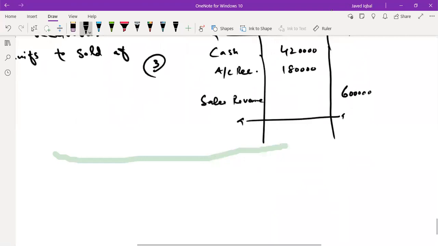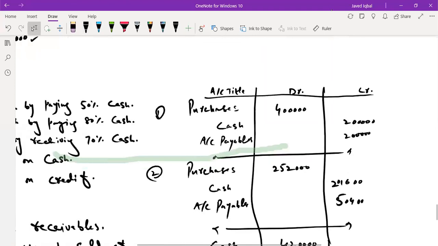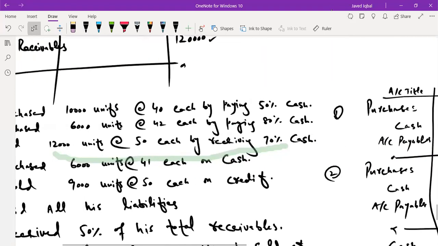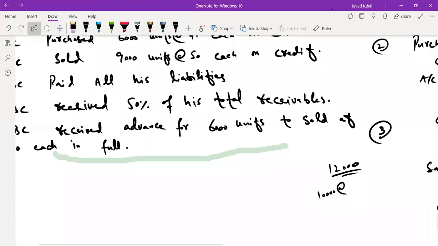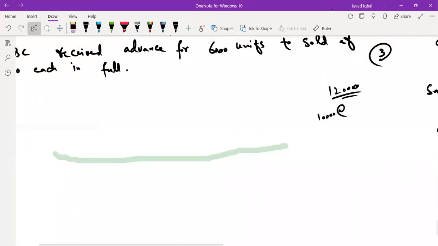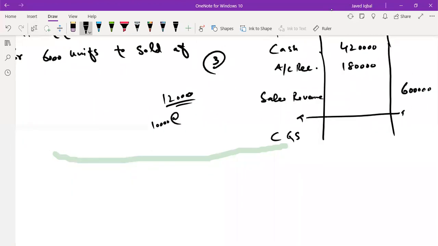You also need to record CGS for sales. You sold 12,000 units, of which 10,000 are at 40 and the remaining are at 42.